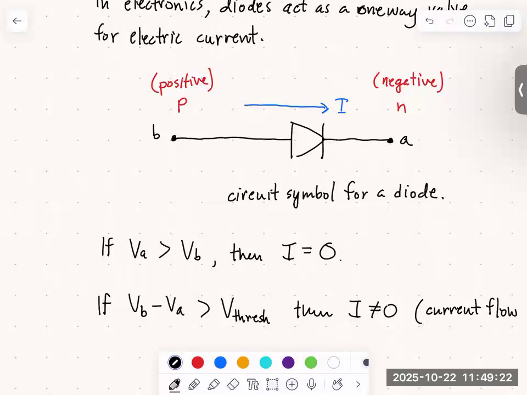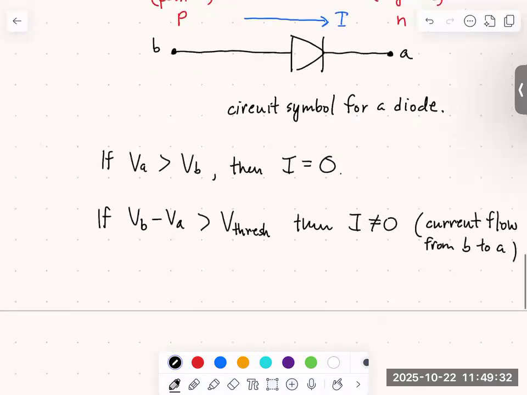And that current flow will be from B to A. Okay, for a diode, this threshold voltage is typically 0.6 or 0.7 volts.